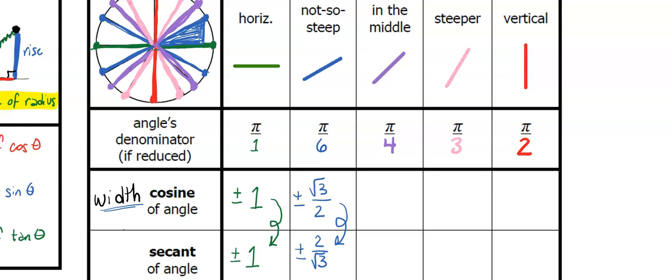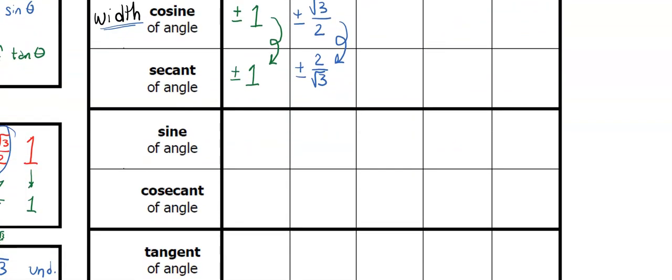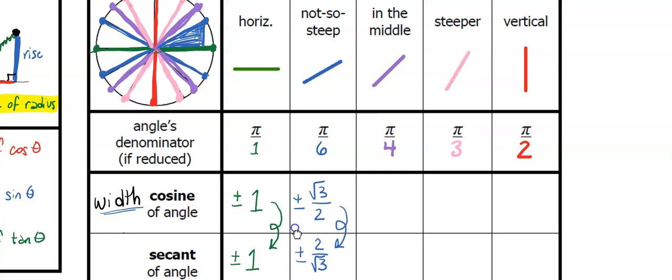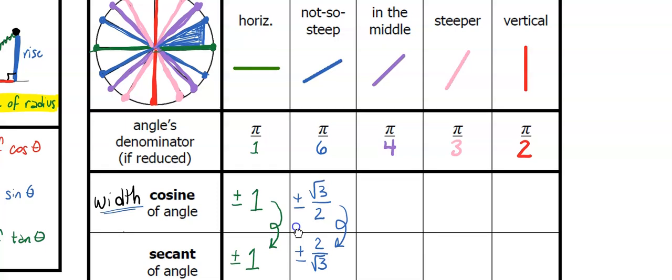Let's continue with that blue one, just so you can get a feel for what this trick is for something that actually looks like a triangle. The green one, not so much a triangle. So I know that sine of the angle is the y-coordinate of the point, but like I said, I'm going to think of that as the height of the triangle. That blue triangle is not very tall.